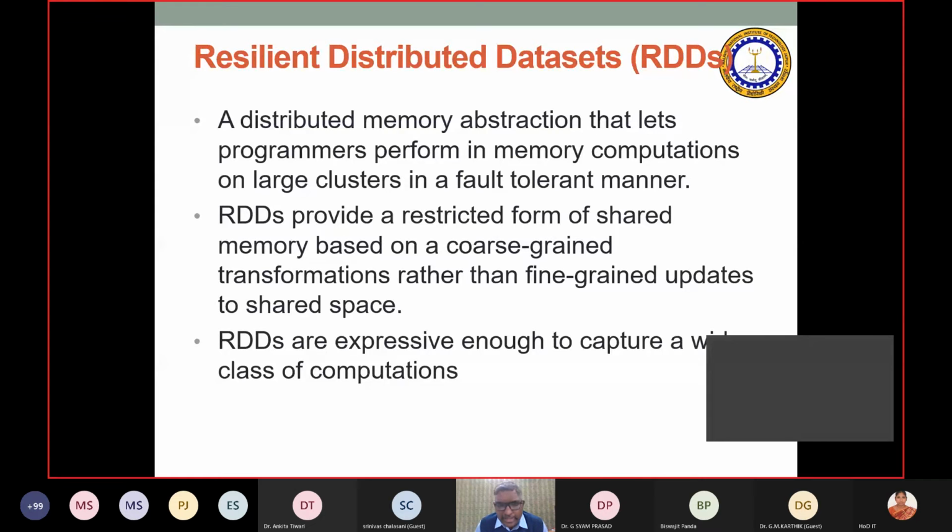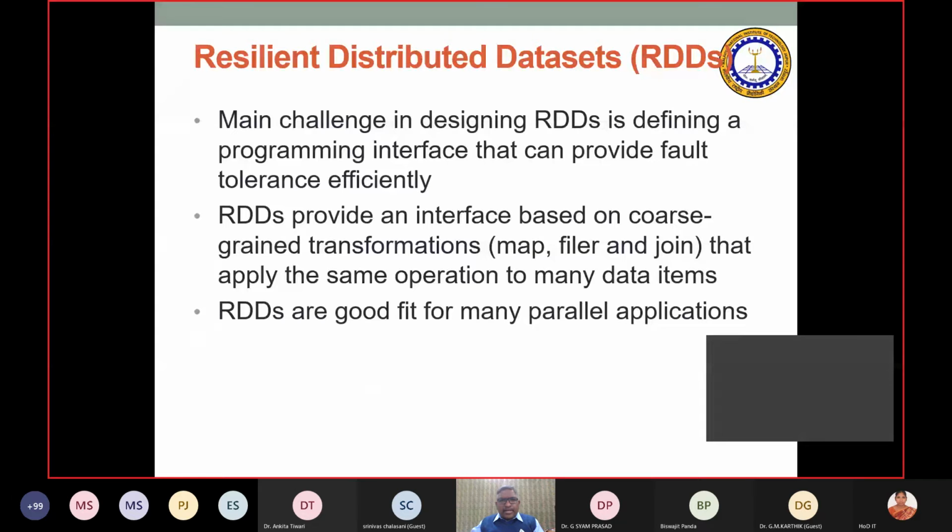If on MapReduce you take 1 hour, it will be done in less than 10 minutes in the case of Spark or the RDDs. Hence, people have moved to Spark. Hence, it is a lightning fast application. That's what people talk about. And RDDs provide a restricted form of shared memory based on coarse-grained transformations rather than fine-grained updates. So that's the comparison that we were looking at.